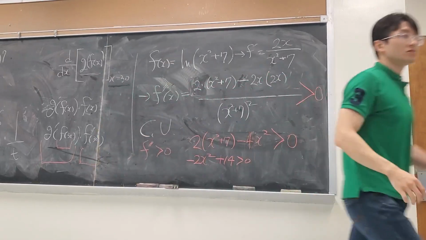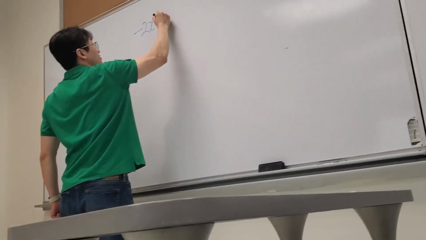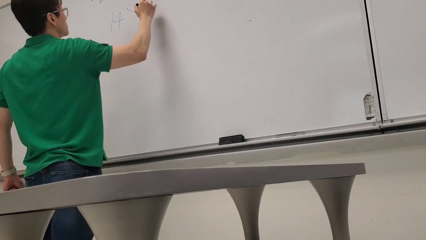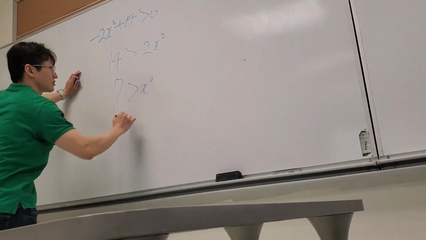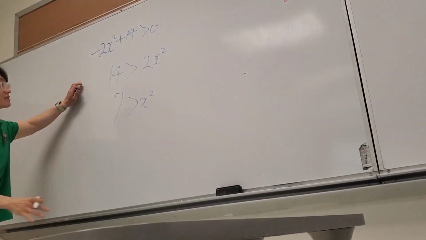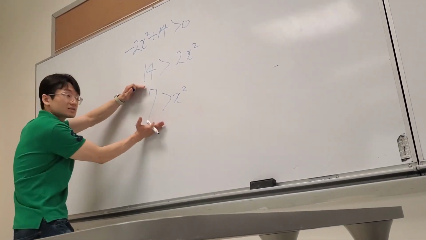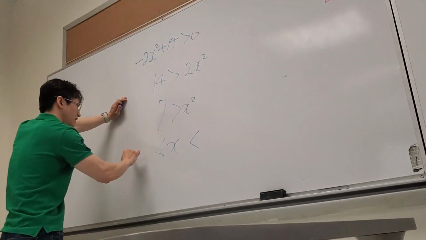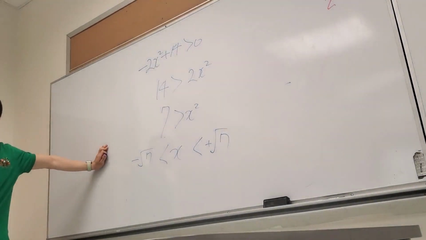So if I continue, negative 2x squared, therefore 14 greater than 2x squared, so 7 greater than x squared. Therefore guys, I think some people made a mistake on exam 1. If you get this, what is x? Yeah, x is between negative square root 7 and positive square root 7.